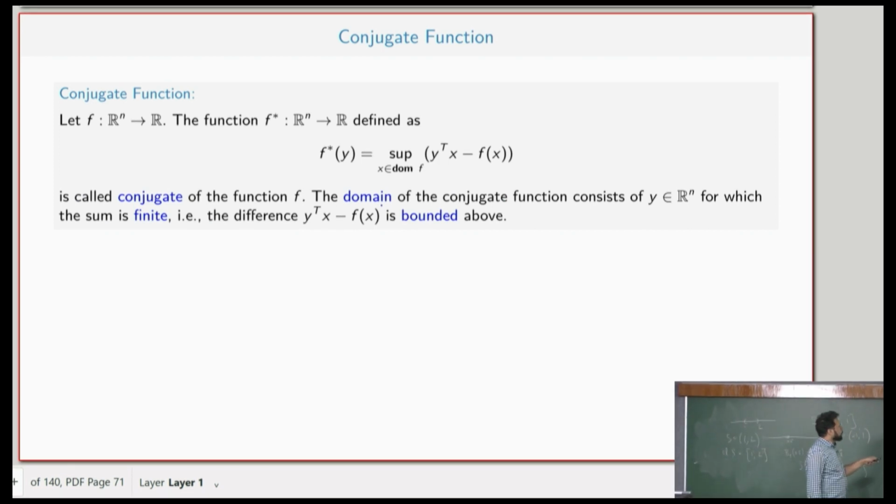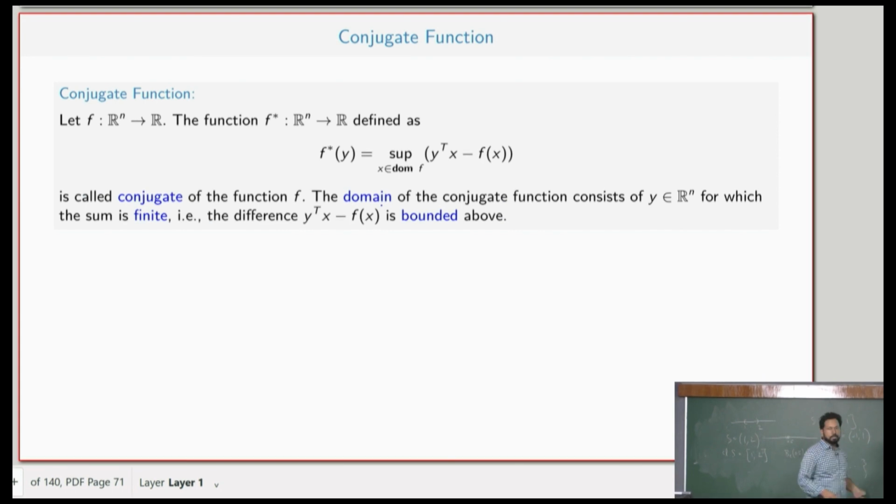So for every y that you pick, I'm going to define this f star. What I will do is pick a y, and then check for which x it is bounded above. Because if it's unbounded above, then that point cannot be in the domain of f star, because the domain consists only of those points for which the function takes finite values.